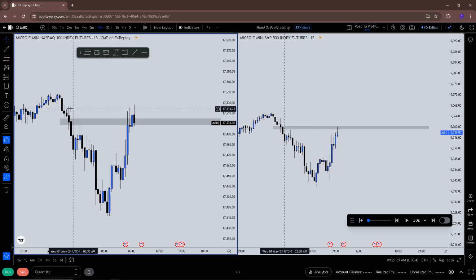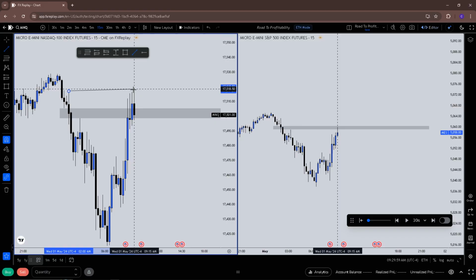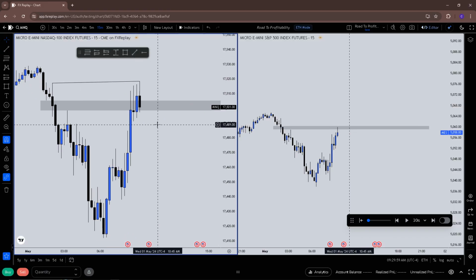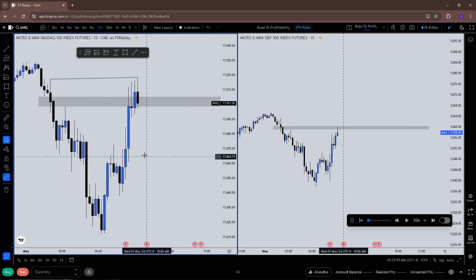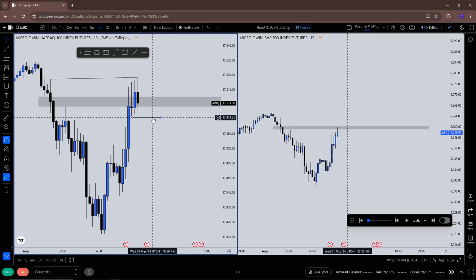Delivering from this 15. Took out this high. 15-minute. Unfilled 15-minute below.